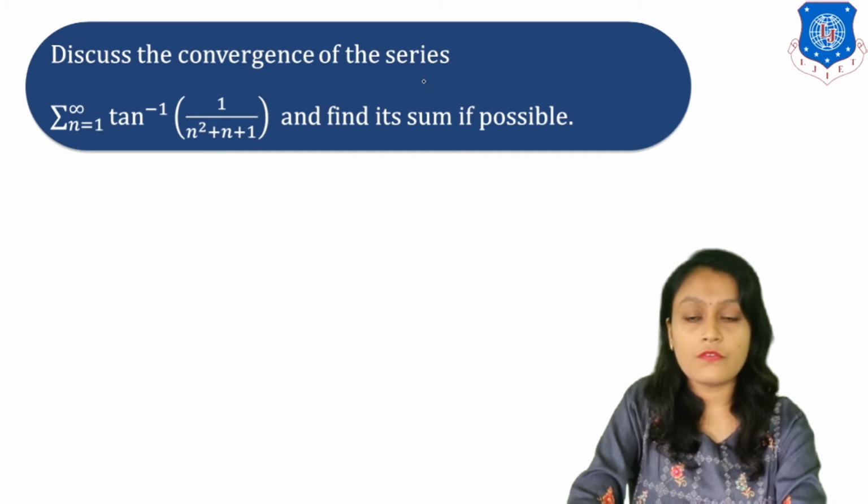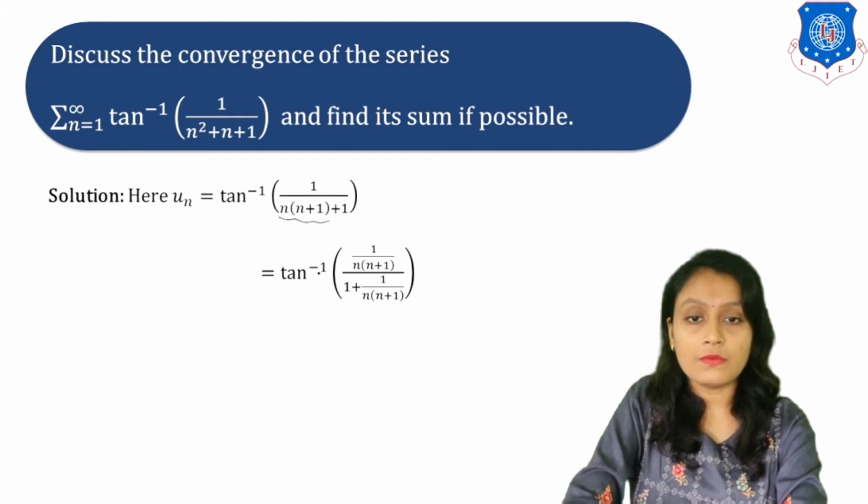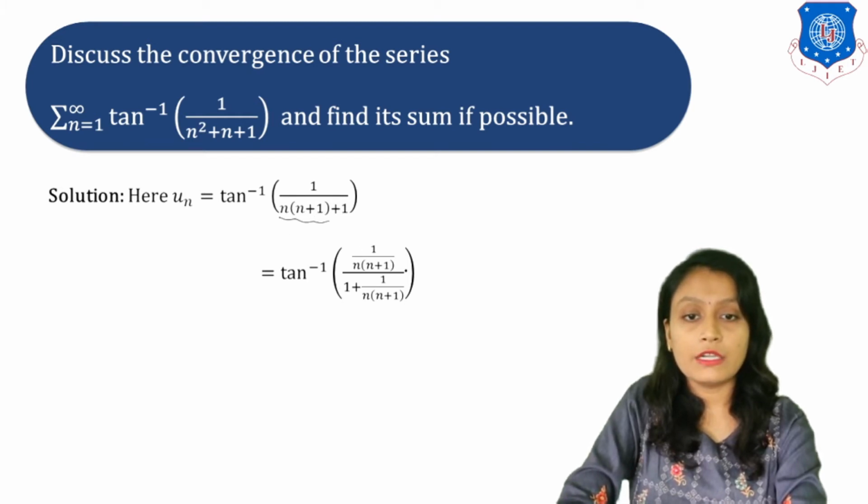Discuss the convergence of the series tan inverse 1 upon n square plus n plus 1 and find its sum if possible. So, here un is given, that is tan inverse 1 upon n into n plus 1, plus 1. Now we will take this n into n plus 1 common. So what you will get is tan inverse 1 upon n into n plus 1.